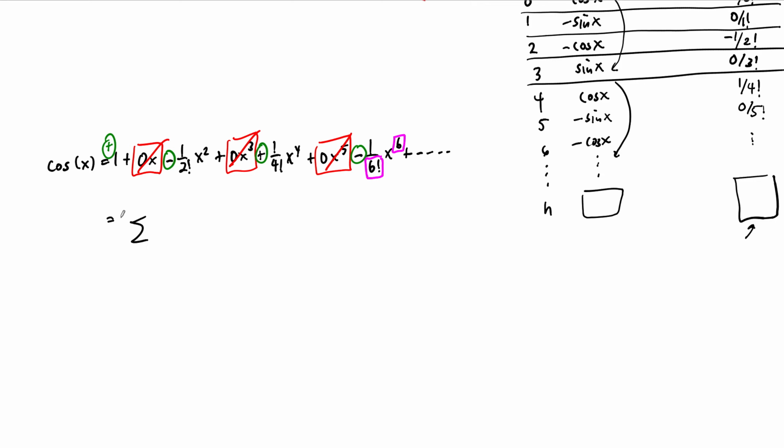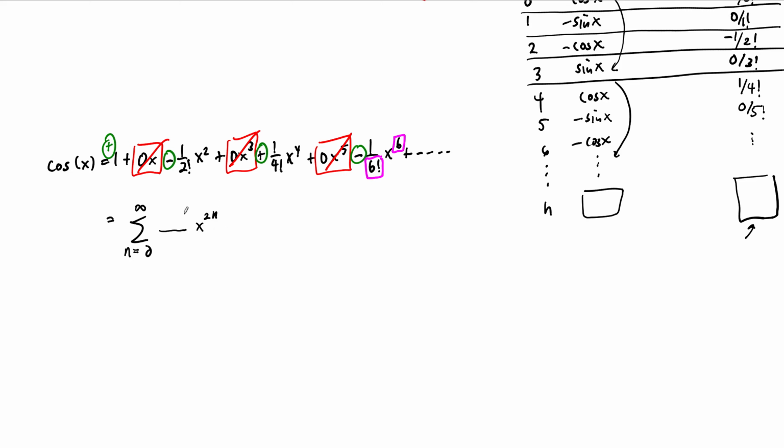So this is going to be then equal to the sum. n goes from 0 to infinity. We need only the even terms. So how are we going to represent just the even terms? Well, no matter what n is, 2 times n is always even, right? So the power on our x is going to be 2n. So x to the power 2n. That's going to pick out just the even terms.